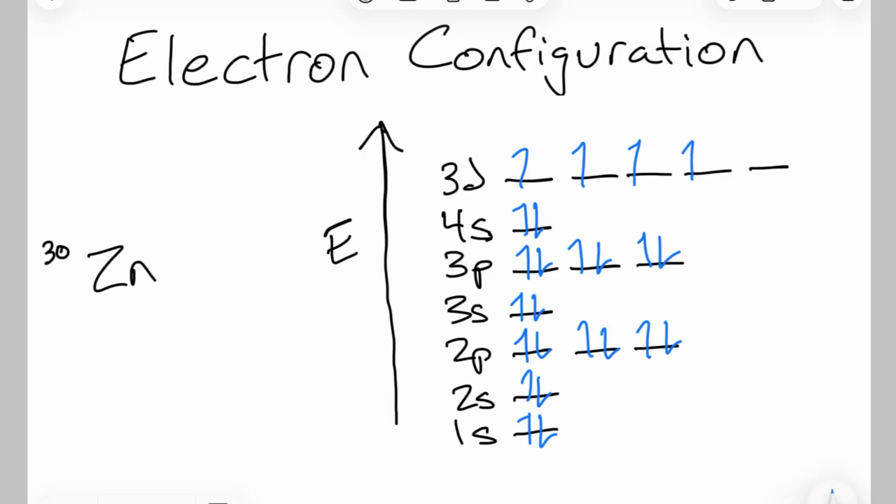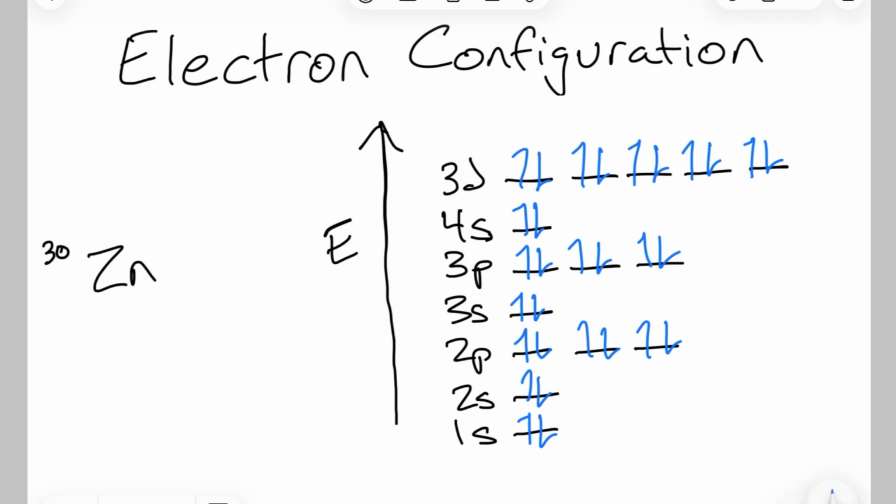So we fill each of these with 1 electron, and then go back and pair them up. So with 30 electrons, zinc completely fills the 3d orbitals with electrons.